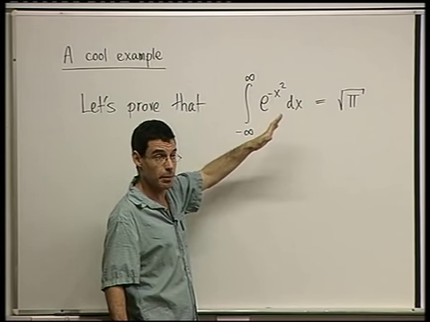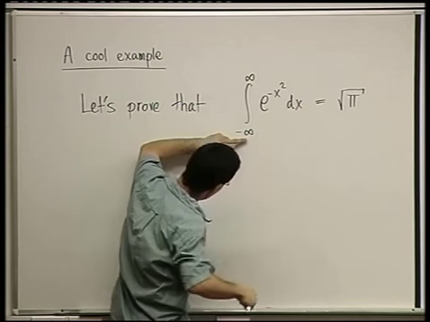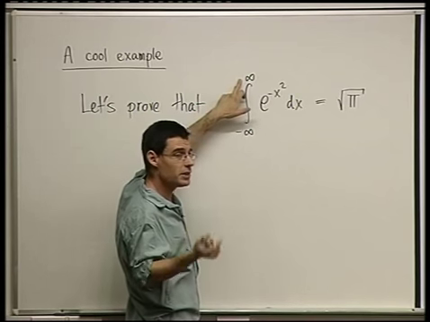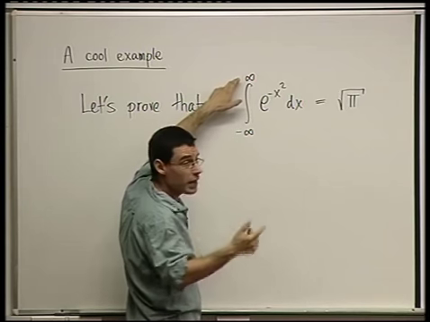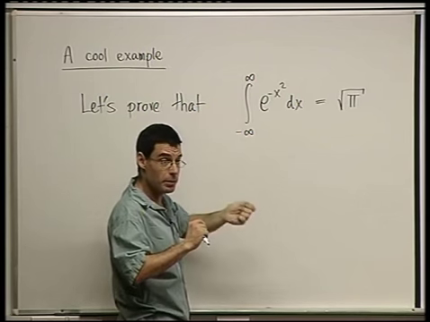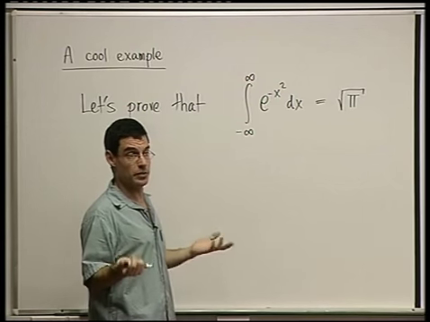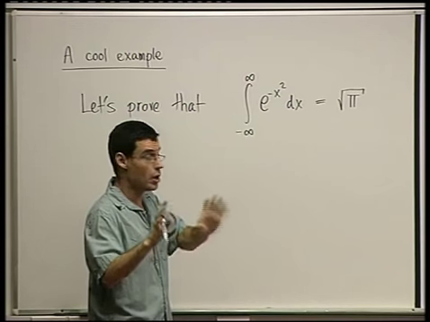That's how we do improper integrals. The limit of the integral up to m, or in this case from minus m to m. And in fact, that's not accurate because you have to take it from, let's say, 0 to m plus from minus m to 0, right? Calculate each one separately and then take the limit as m goes to infinity, add them up. That's what you have to do, right? That's how you do improper integrals. Does everybody remember that? Okay.